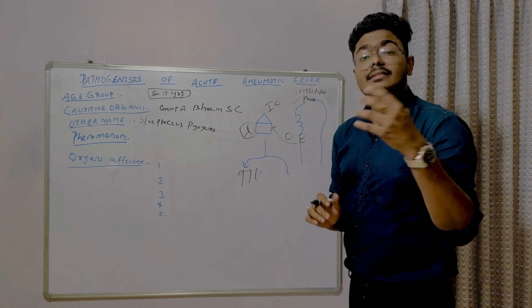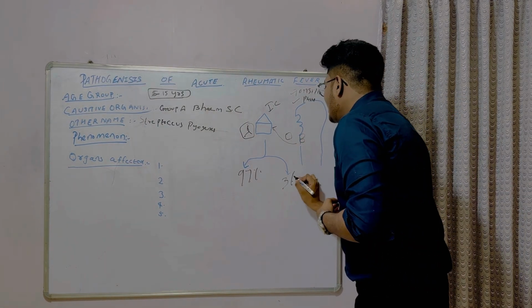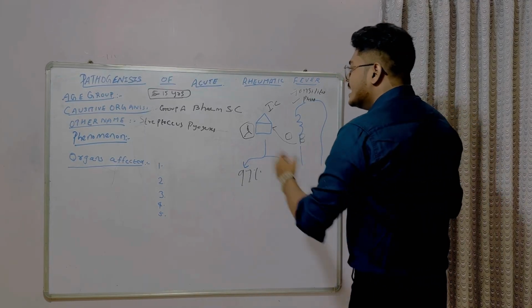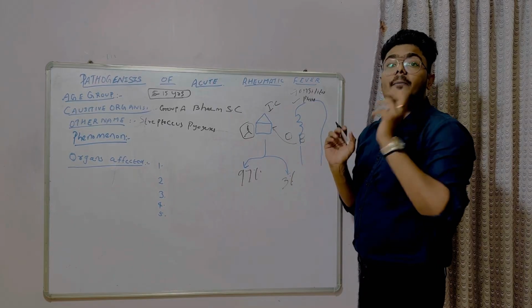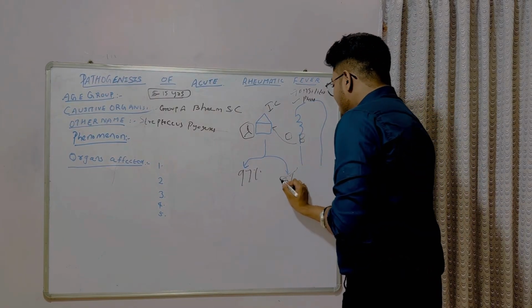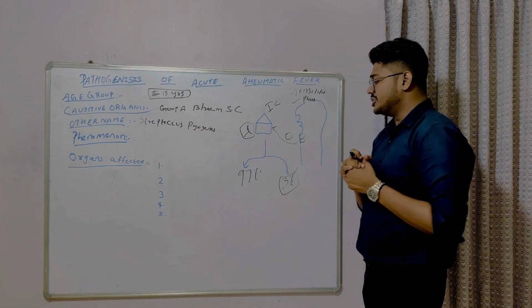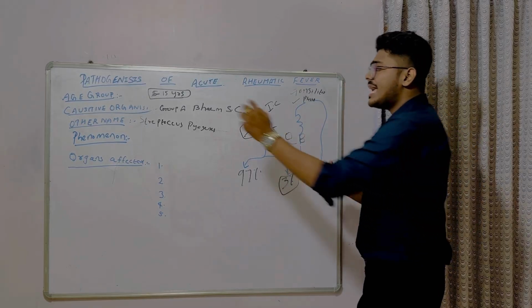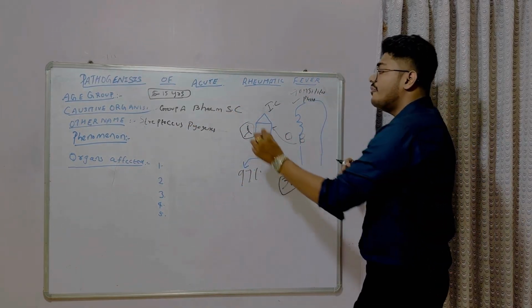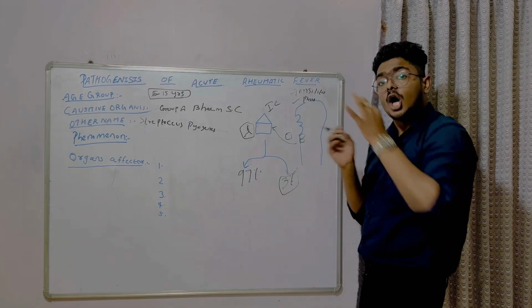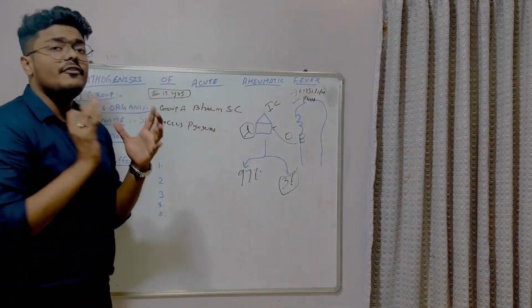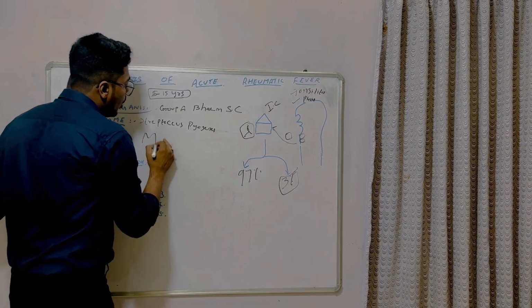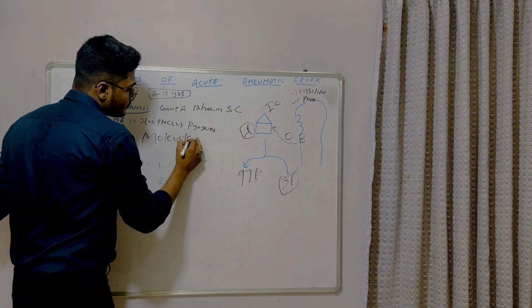But there comes a 3% of the unlucky population, where the antibodies produced against Streptococcus pyogenes are going to affect Streptococcus pyogenes along with our own cells. Now, this is because of an important phenomenon known as molecular mimicry.